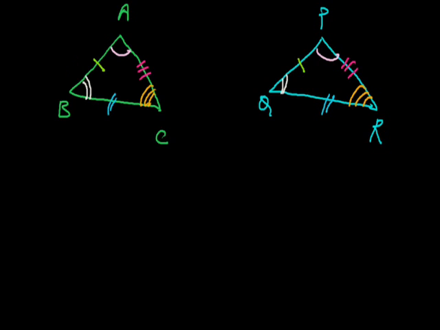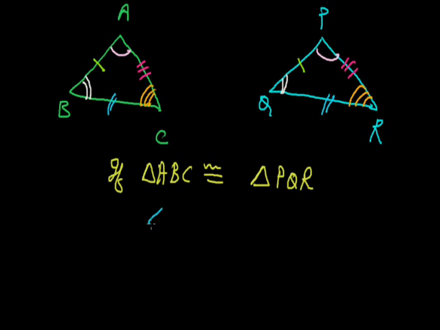Now what I have told you here is that if triangle ABC is congruent, this is the symbol of congruent, to triangle PQR, then angle A of triangle ABC will be correspondingly equal to the angle P of triangle PQR.